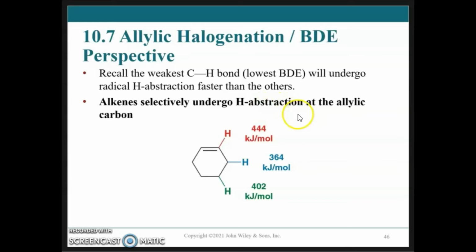We will selectively undergo hydrogen abstraction at the allylic carbon, and the bond densities bear that out. So in this example, you recognize there are two allylic positions, so we will still get a mix of products.